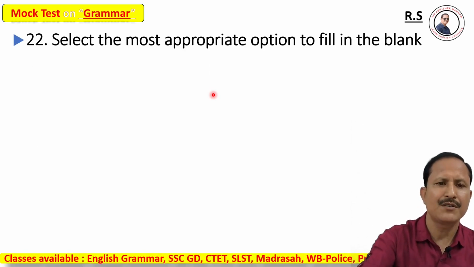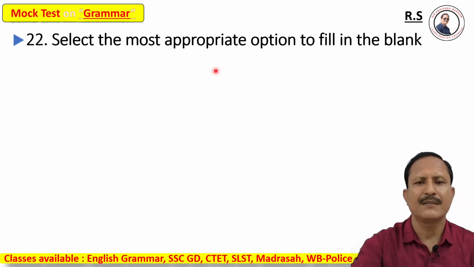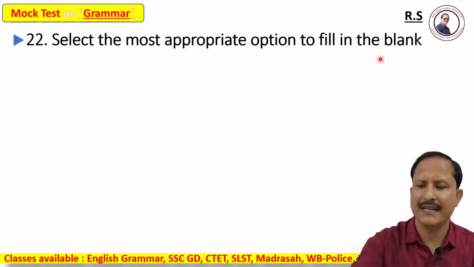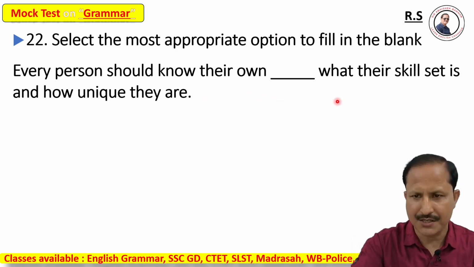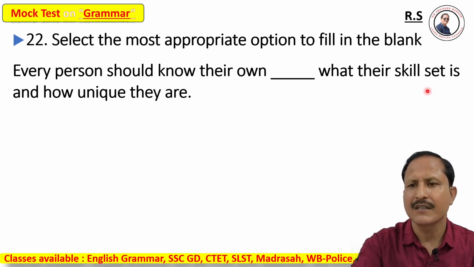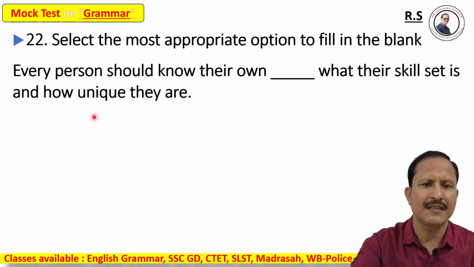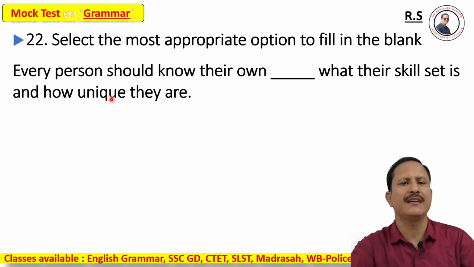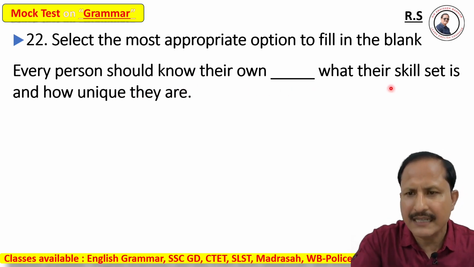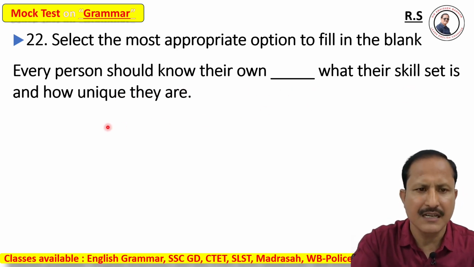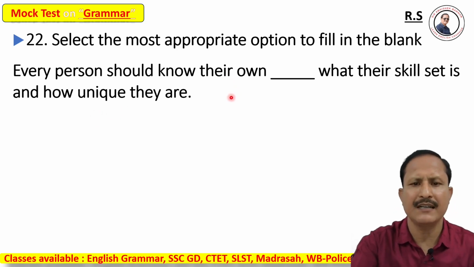Now, question number 22. Select the most appropriate option to fill in the blank. Every person should know their own dash, what their skill set is and how unique they are.